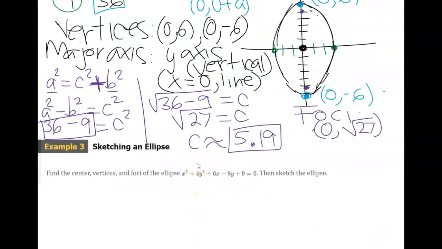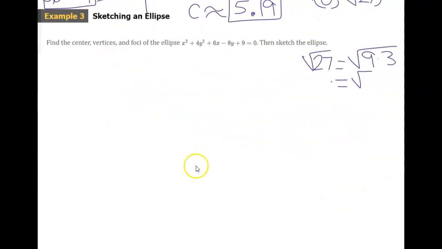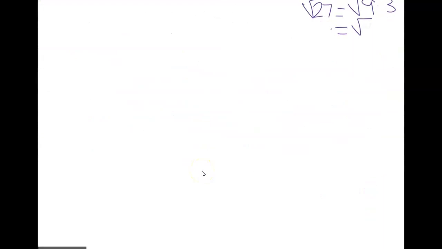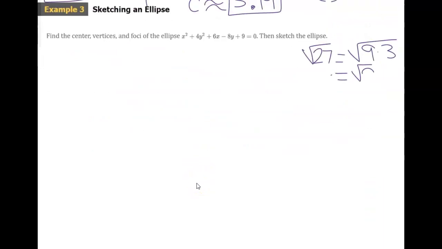So for 27, we could break that down as the square root of 9 times 3, and that is the same as the square root of 9 times the square root of 3.